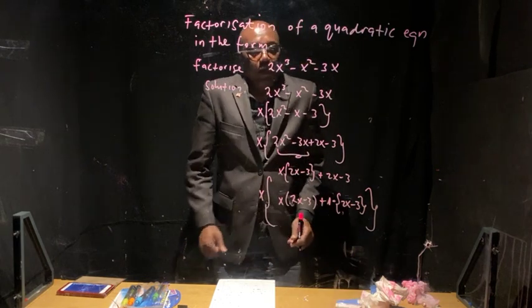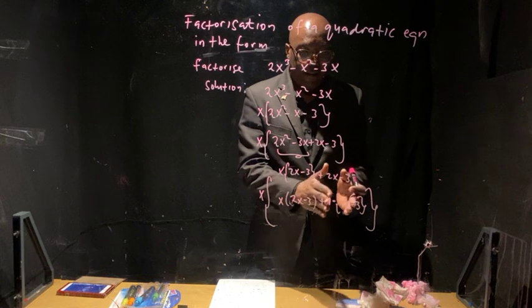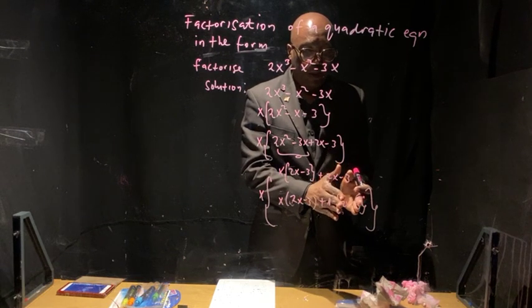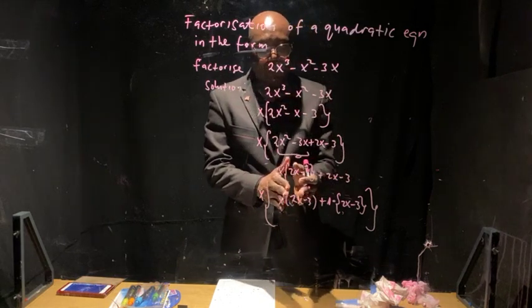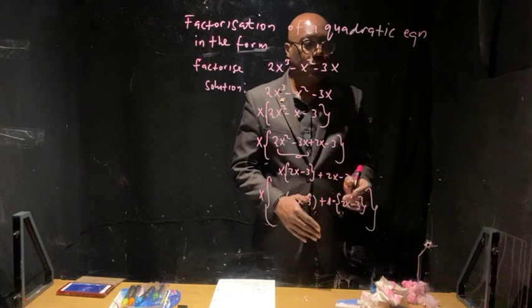So you can see that on this particular side there is a common factor, that is 2x minus 3. And on this side, 2x minus 3. So the common factor, we are going to factorize it out.